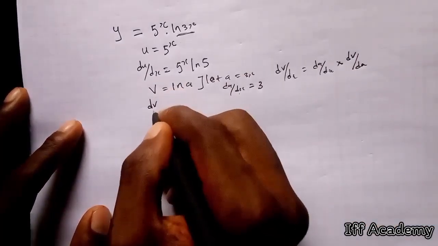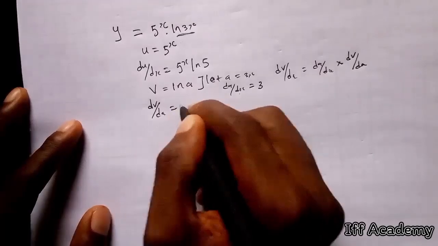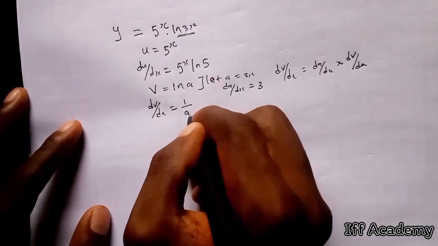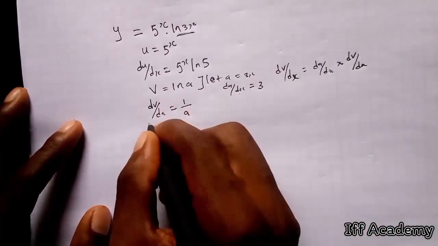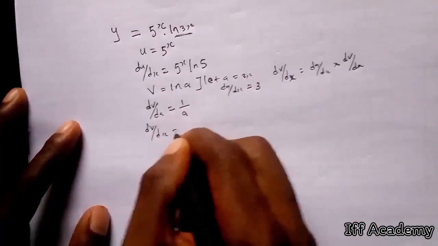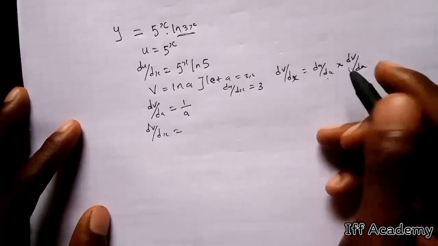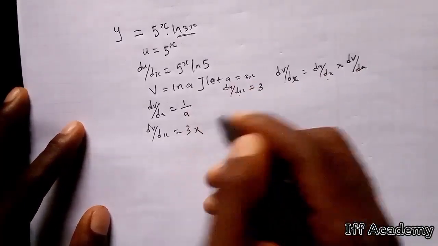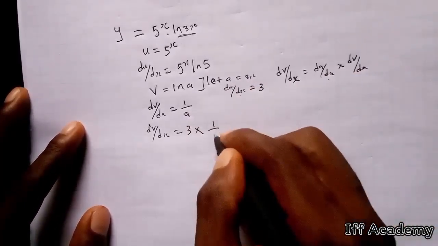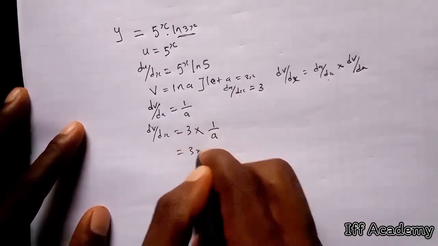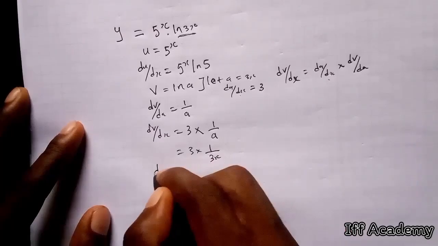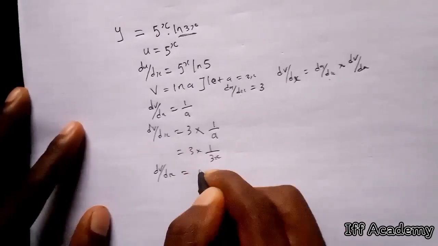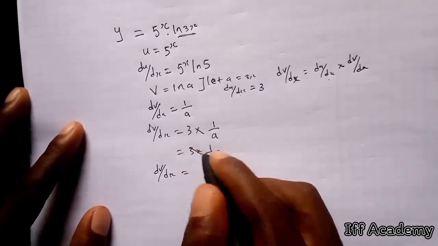So from here, dv over dA is what? 1 over a. So to get dv over dx, our dv over dx is dA over dx, which is 3, times dv over dA, which is 1 over a. So this is 3 times 1 over 3x. So dv over dx is what? This cancels this. We have what?